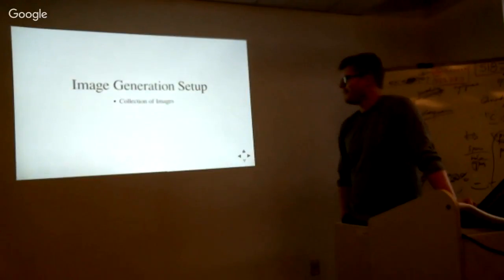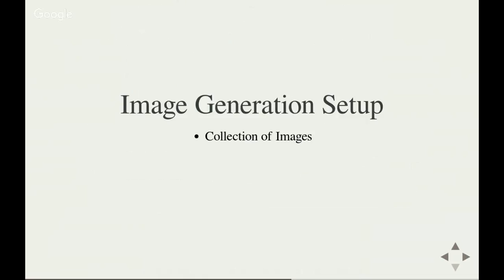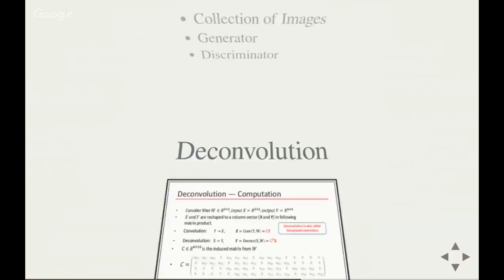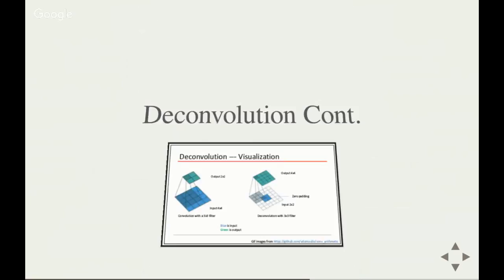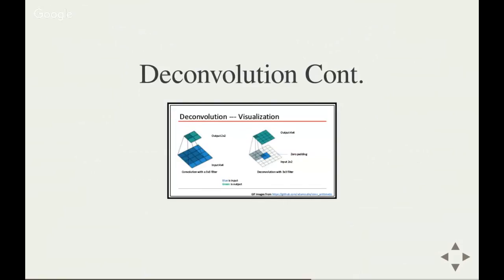Cool. If we're trying to generate some images, what we obviously need is a collection of images, some ground truth data to sample from, a generator, and your discriminator. Typically your generator is going to use what's called a deconvolution, which is essentially a convolution in reverse. If you're interested, you can look at this formula, which is from the deep learning class that I'm taking right now. Basically, with a convolution, we're sampling from an input volume and using some filters to extract features from it.